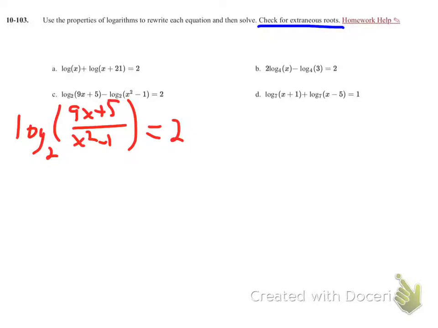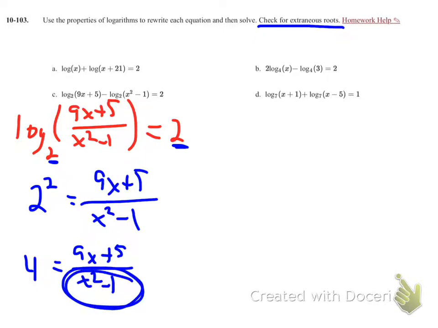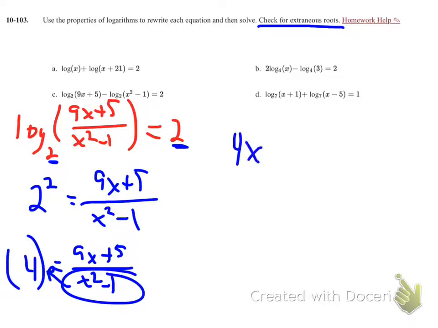So now I'm going to write it as its exponential equivalent. 2 squared equals 9x plus 5 over x squared minus 1, which is 4 equals 9x plus 5 over x squared minus 1. I want to get this out of the denominator, so I'm going to multiply both sides by x squared minus 1, or cross multiply, you could think of it as cross multiplying as well. So I'm going to get 4x squared minus 4 equals 9x plus 5.